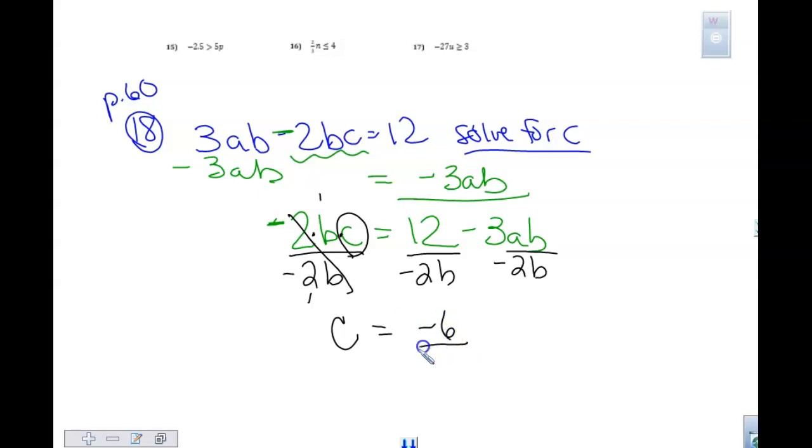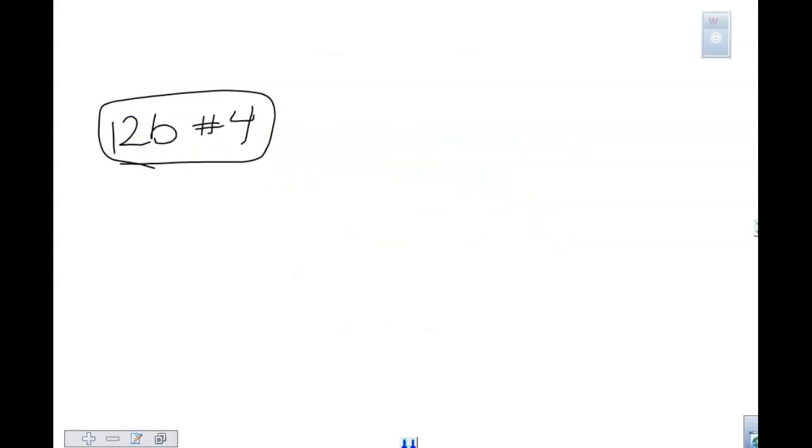Negative 6 over B. And I'm going to take, negative divided by negative, well, that's a plus. And I'm going to keep 3. I'm going to put 2 in the denominator. I'm going to have A up here because B over B is the same as 1. So if I'm looking at simplest form as I'm doing, okay?